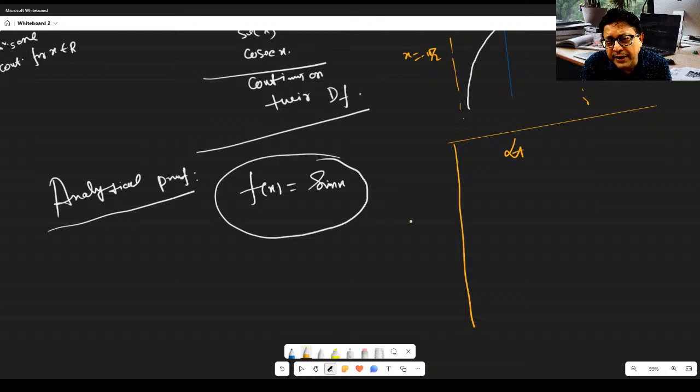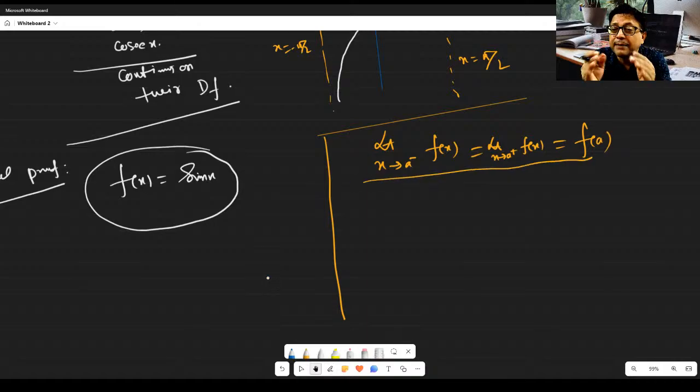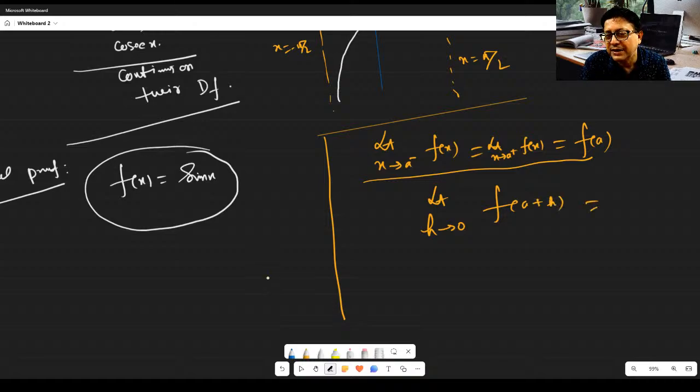You stated that limit x tending to a of f x must be equal to f a for continuity, isn't it? The same thing can be written as limit h tending to 0 f of a plus h equal to f a. These two are equivalent.